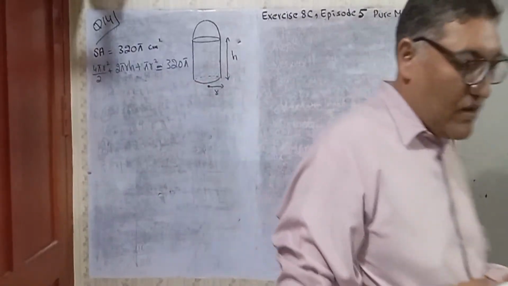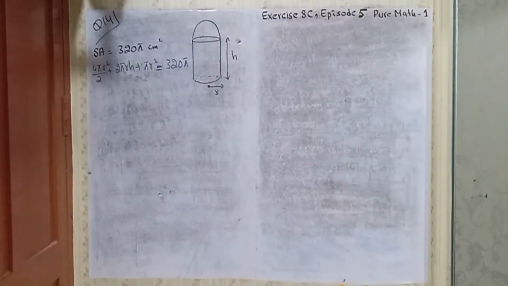4 pi r square is the surface area of the whole curved surface of the sphere, but we have only a hemisphere. So we have 4 pi r square divided by 2, plus the walls of the cylinder 2 pi r h, plus the bottom of the cylinder, pi r square, equal to 320 pi.